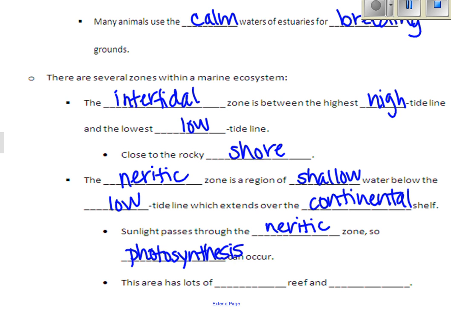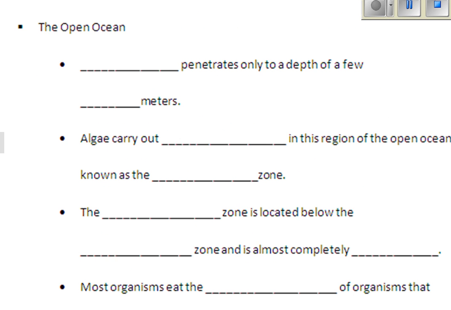And because the sunlight can filter through that, this area has a lot of coral reef and fish because wherever the sun can filter through, there's going to be lots of plants that are able to live there, and the fish are going to be able to eat those plants, just like we learned about with the food webs and food chains. Fish are the first level consumers that would eat your producers.